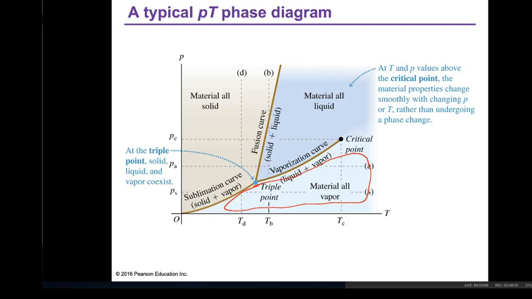Under this kind of condition, the material is in the gas state. In the yellow region here, the material is solid. And in this region, the material is liquid.